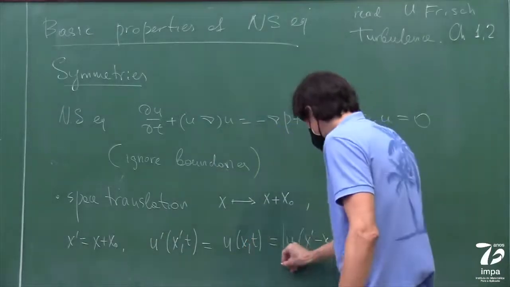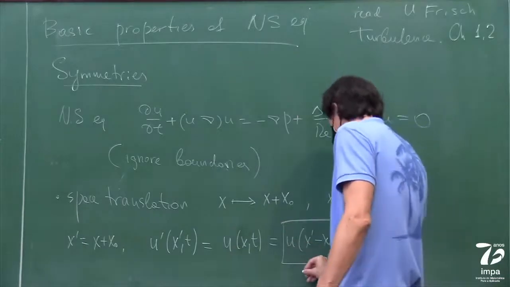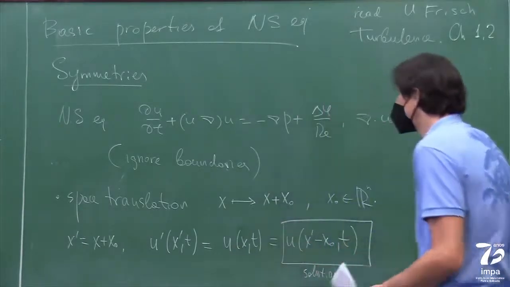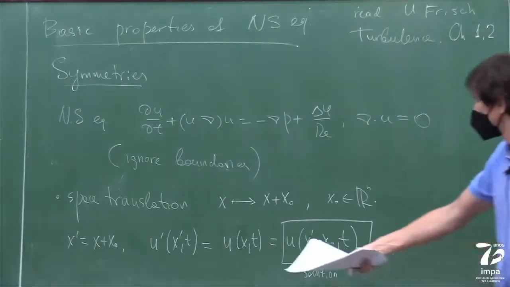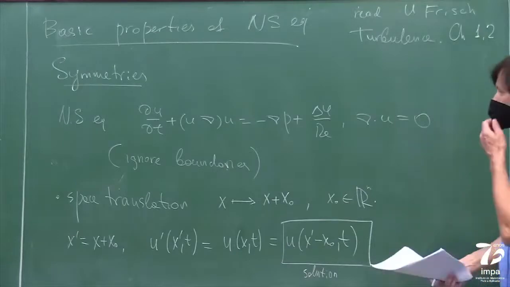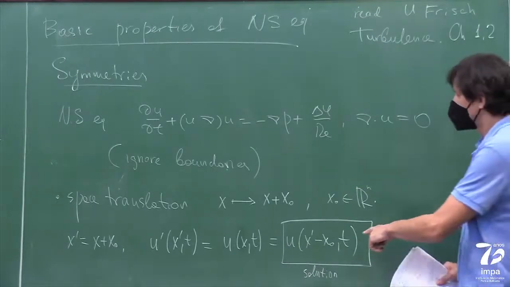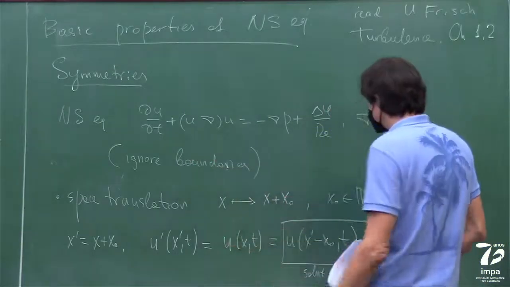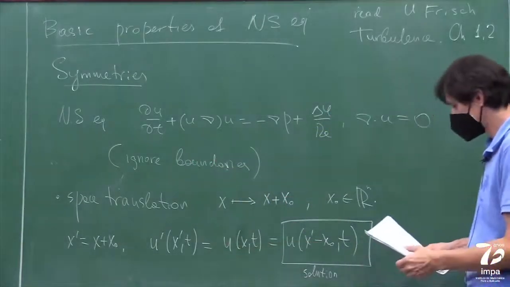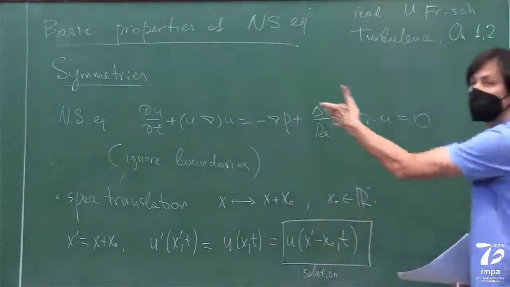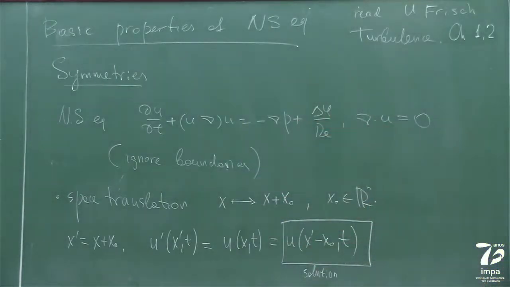So essentially what it tells is that this is a gain solution. Whenever u is the solution, this is also a solution in X prime. And you can easily check it: you can just verify that if u satisfies this equation, then, substituting, it also satisfies the equation.